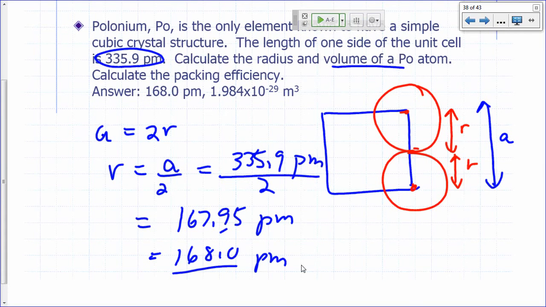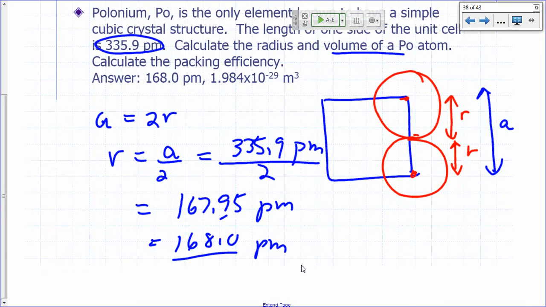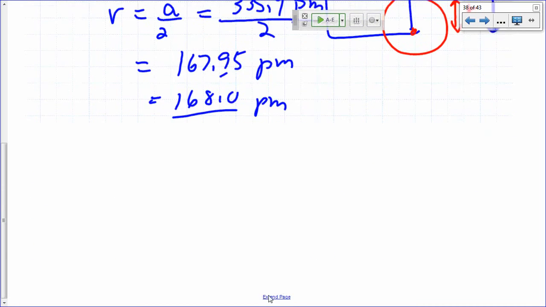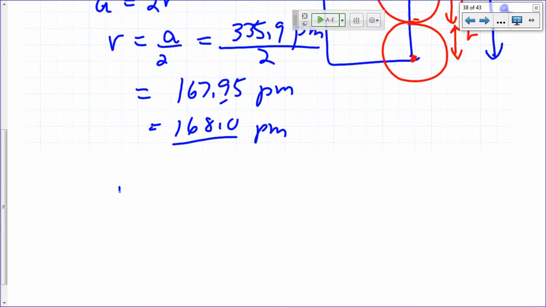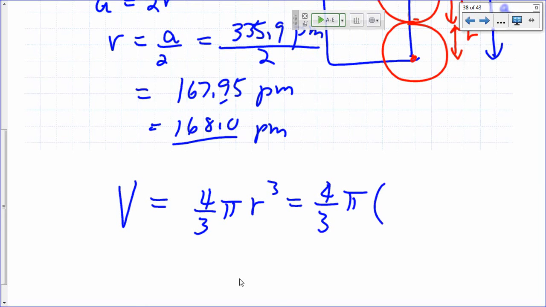What is the volume of your polonium atom? How much volume does it occupy? Four thirds pi r cubed. So 4/3 times pi times 168.0 times 10 to the negative 12 meters, cubed.